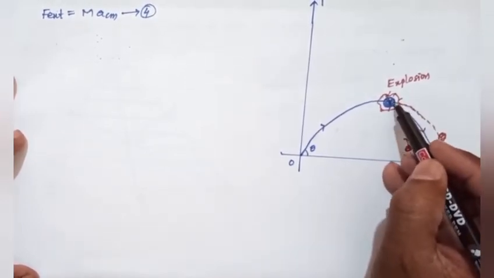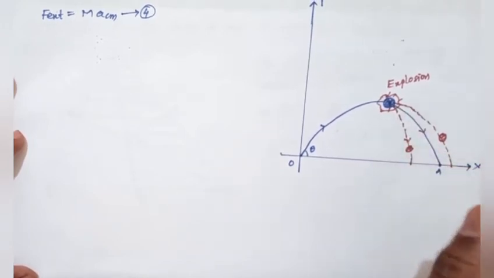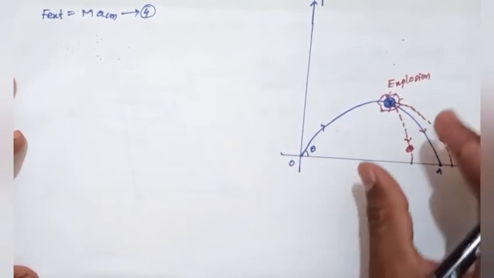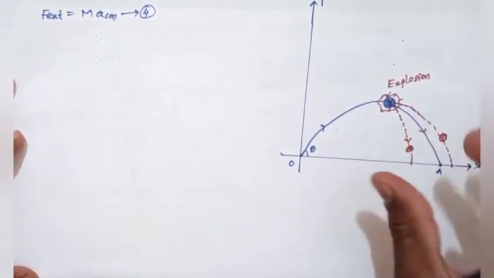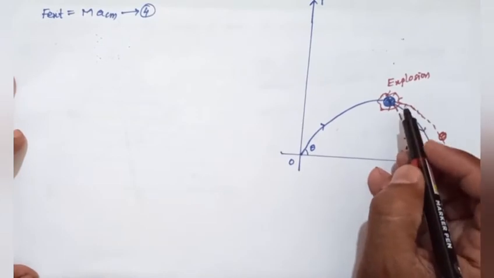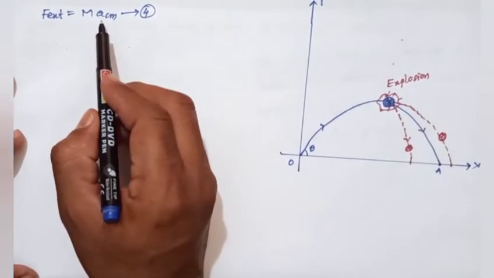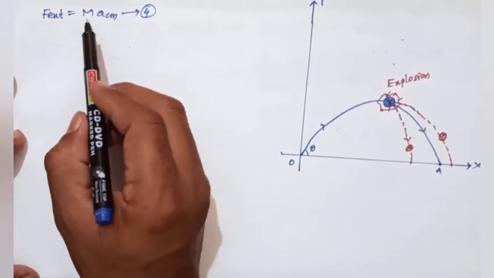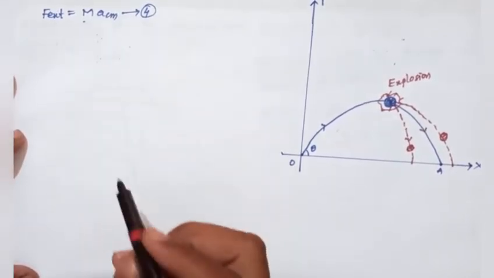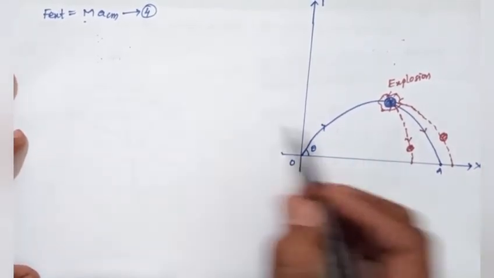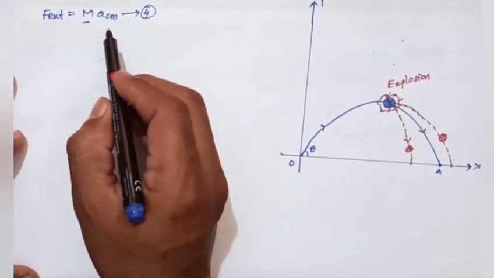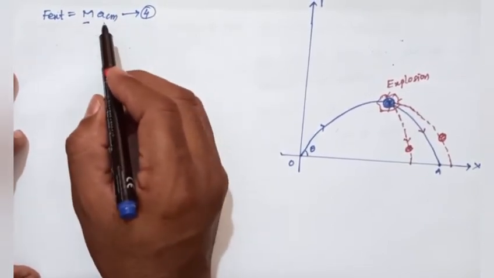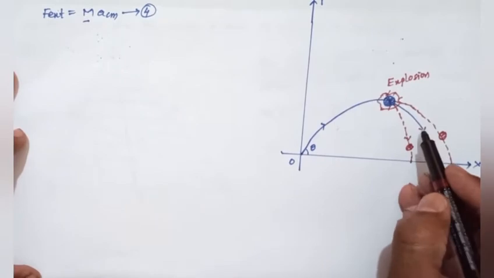The chemical energy is converted into mechanical energy, and then it explodes into two particles. From this equation, there is no external force, so there is no change in acceleration and no change in the center of mass. Mass is constant, acceleration doesn't change, and the center of mass also doesn't change.